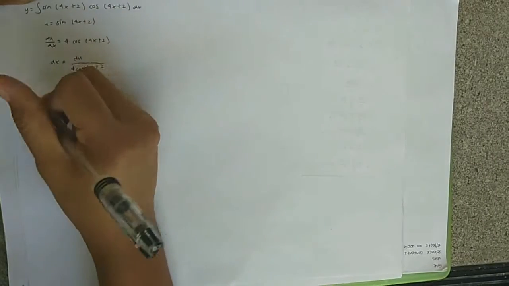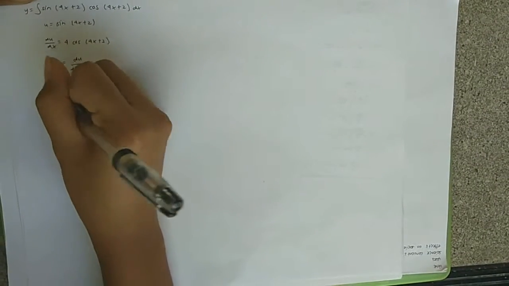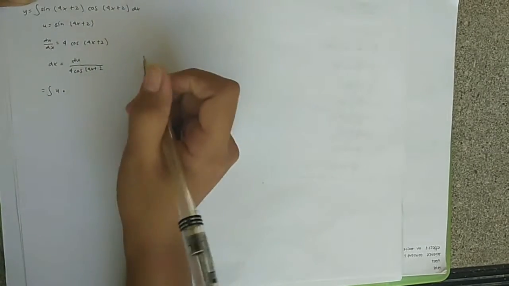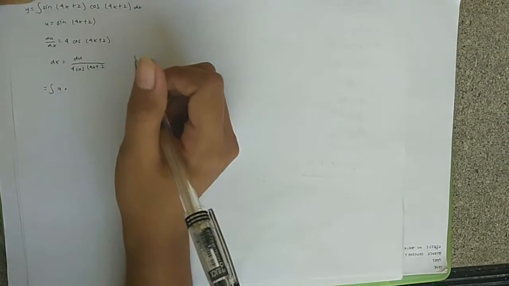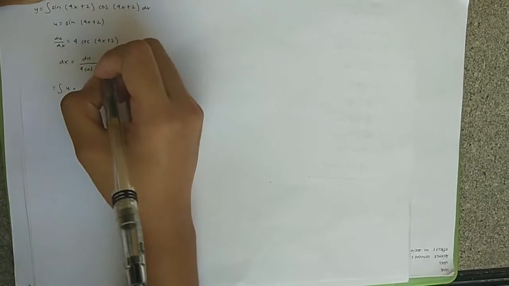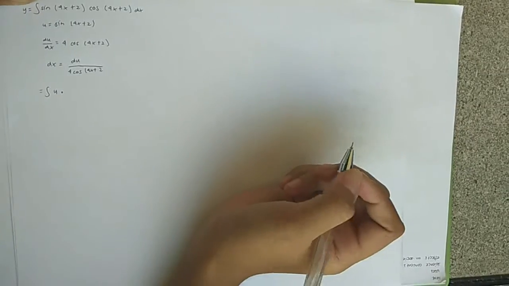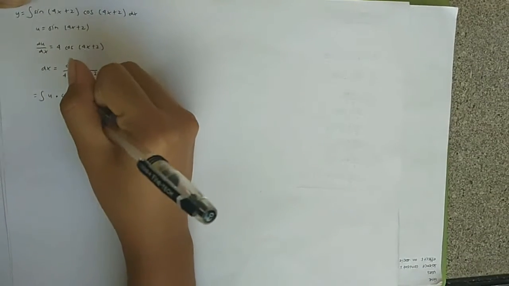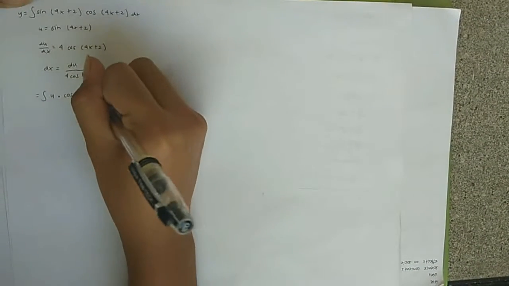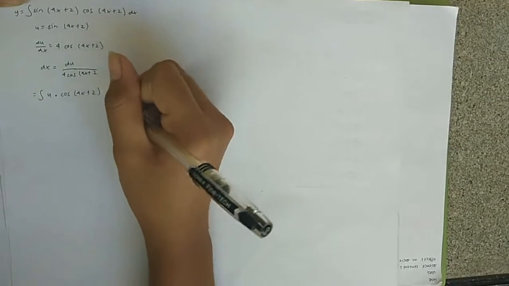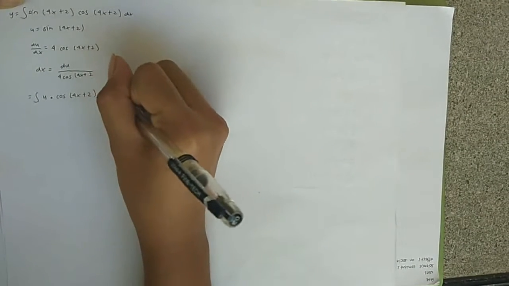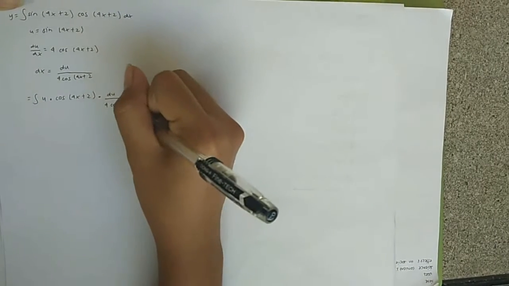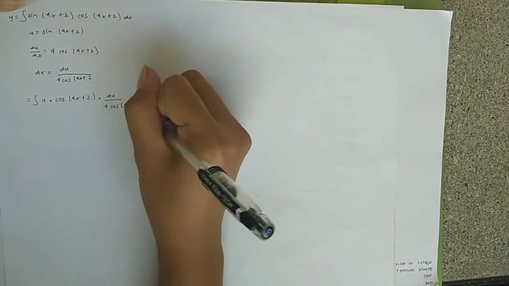Then let's proceed to our problem. Let's substitute the u. Integral of u times cosine of 4x plus 2, then times dx, which is du over 4 cosine of 4x plus 2.